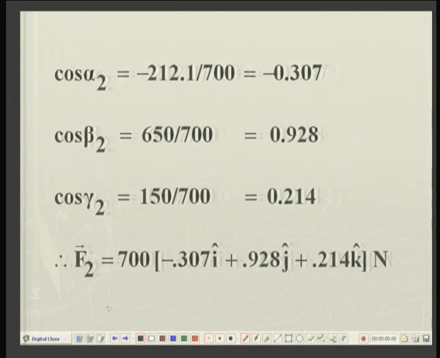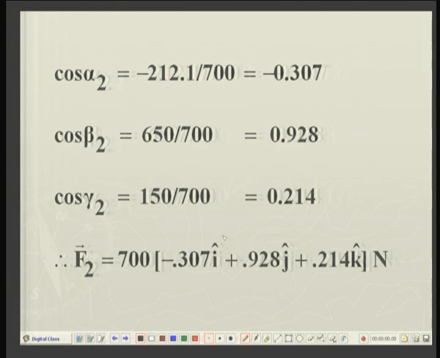Now we find the individual direction cosines. Cosine alpha 2 is equal to F2x divided by the magnitude of F, which is equal to minus 212.1 divided by 700, which is equal to minus 0.307, and similarly for cosine beta and cosine gamma.